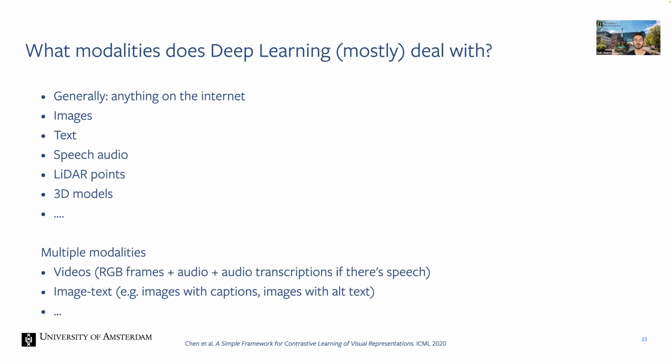And then, of course, not all the data sets are simply scraped from the internet. There's a bunch that have been constructed explicitly, for example, data sets for self-driving cars with LiDAR points and so on and so forth. When we talk about multiple modalities, there's, for example, videos, a classic one, where we have the RGB pixel frames, where we have audio, and sometimes audio transcriptions. For example, if someone is speaking, you can use a system that automatically changes audio speech to text, and then you have this language or text modality.